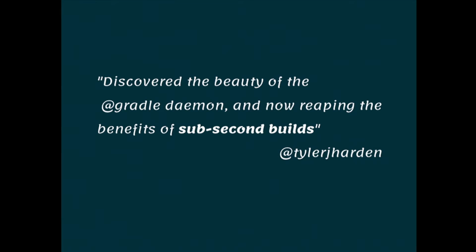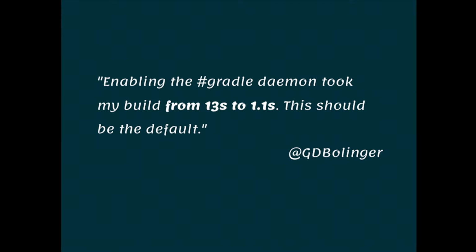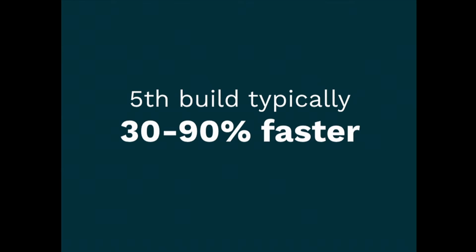Users seem fairly happy. Some have been able to achieve sub-second builds or achieved over 90% improvement. It's the #1 thing that we recommend for those suffering from slow builds. We see that the fifth build is about when it gets warm. It's 30 to 90% faster compared to not using the daemon. You could even say it's smoking fast.